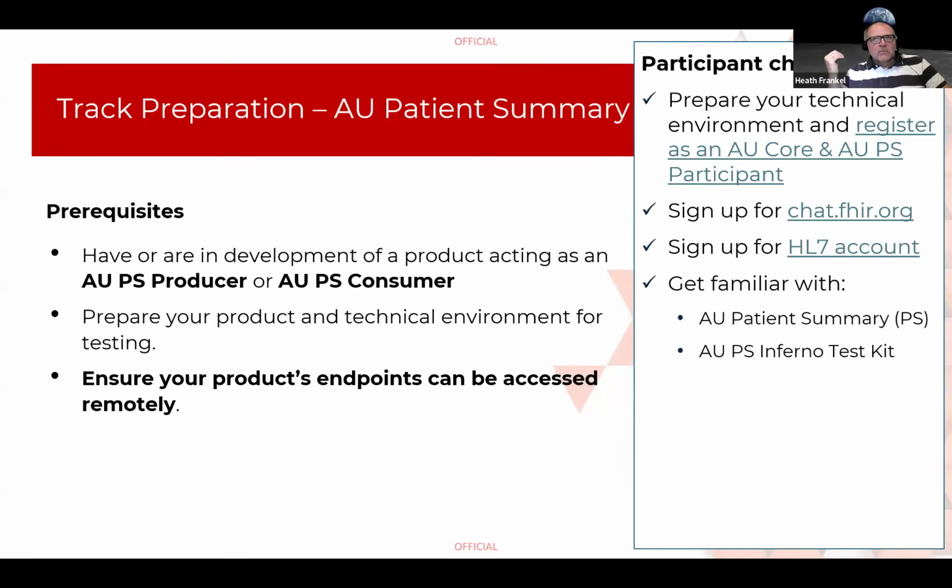If you're hosting those on the cloud somewhere, that is perfect. If you're only hosting them on a local laptop, that makes it a little bit more challenging for other vendors to be able to get access to them. So just make sure that they are accessible through a public mechanism, IP address, etc.